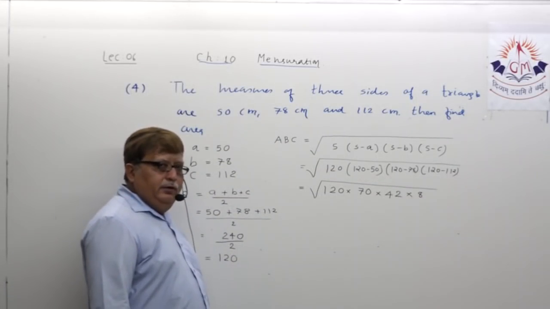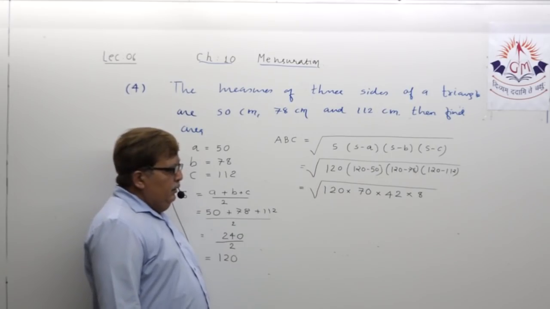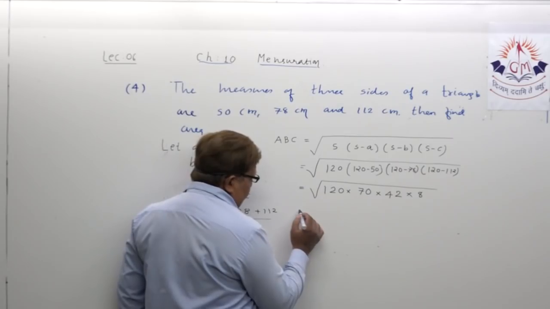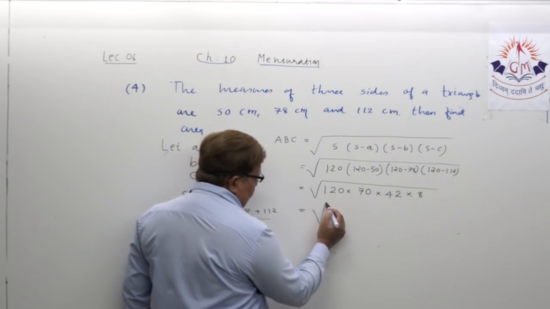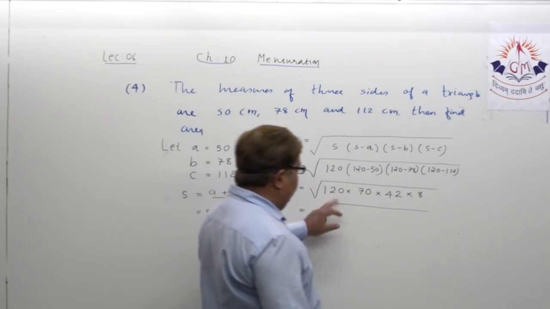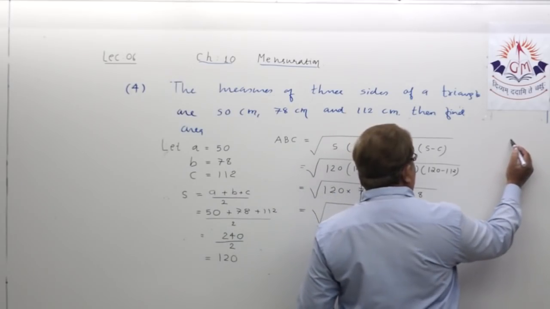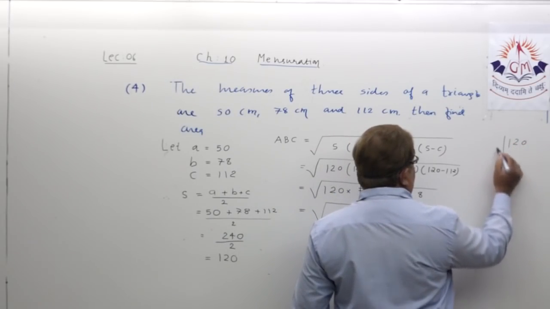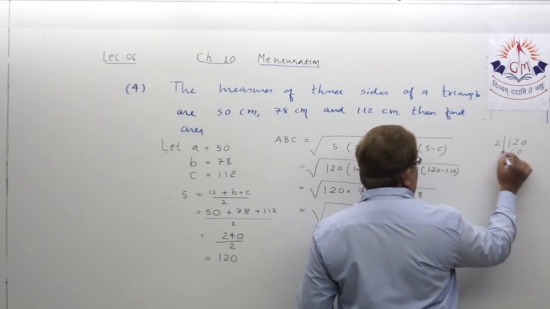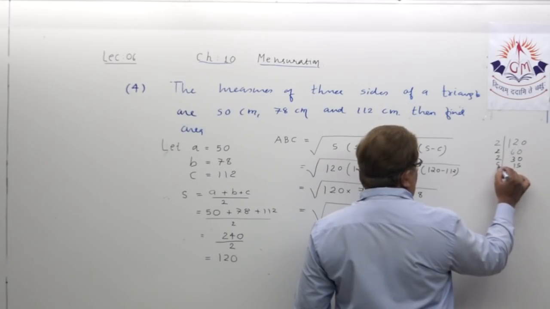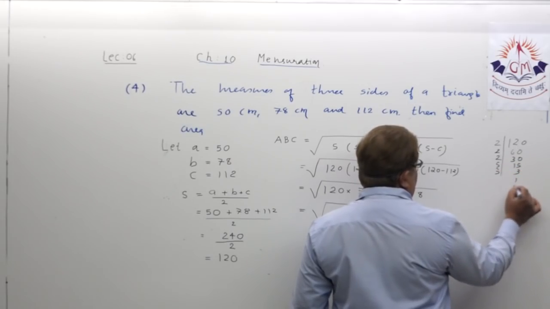After substituting all the values, let us try to find the prime factors. Intentionally I have taken a big number so that you can understand it. If you don't know the prime factors directly, you know how to do it: 2 sixties, 2 thirties, 2 fifteens, 5 threes, 3 ones.